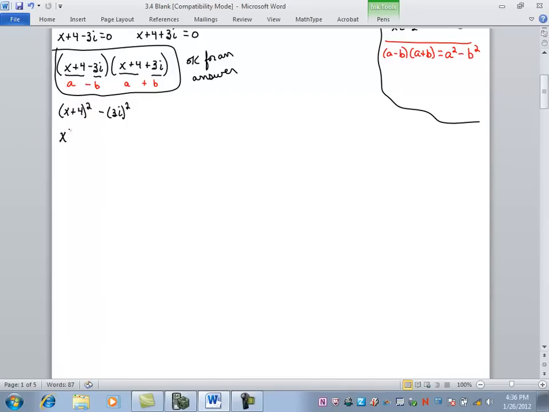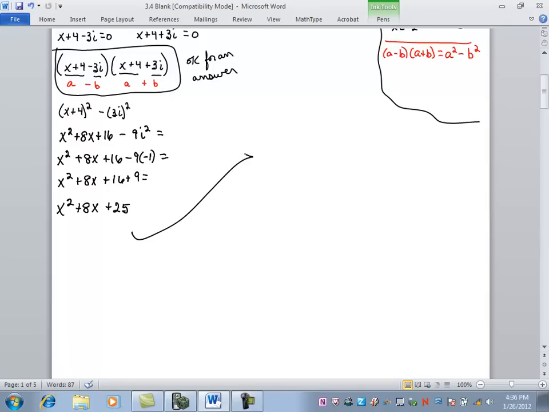But let me just point something out for a minute. If we expand on this, x squared plus 8x plus 16 minus 9i squared, well, this is x squared plus 8x plus 16 minus 9 times -1, x squared plus 8x plus 16 plus 9 equals x squared plus 8x plus 25. Here's my polynomial, and if I were to now set this equal to 0, let's make a note here.